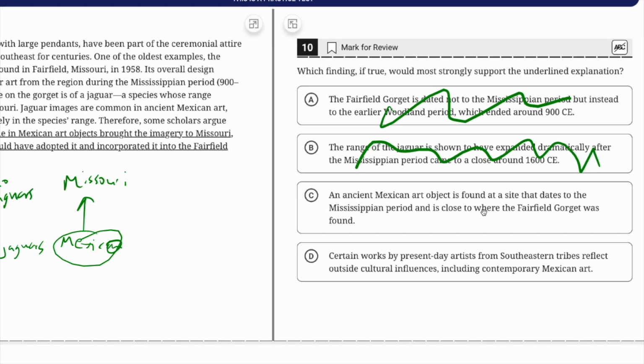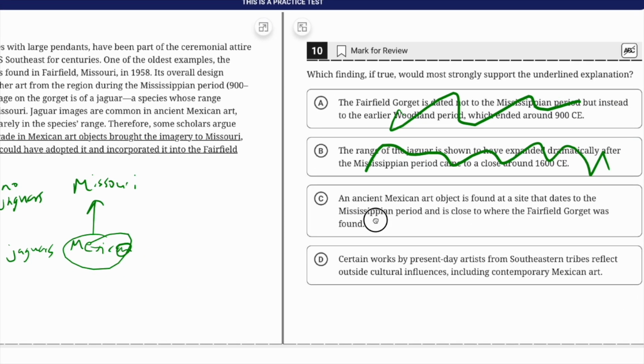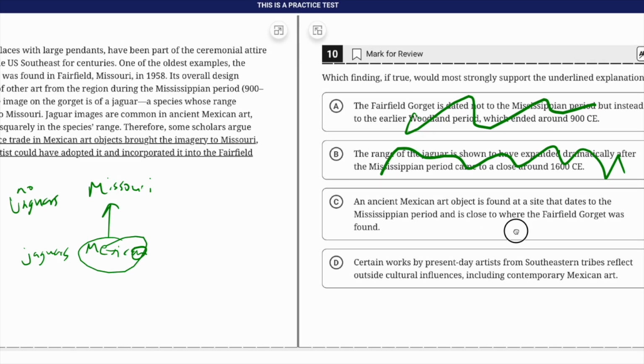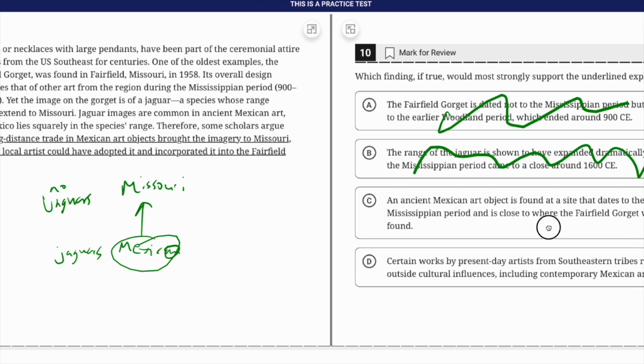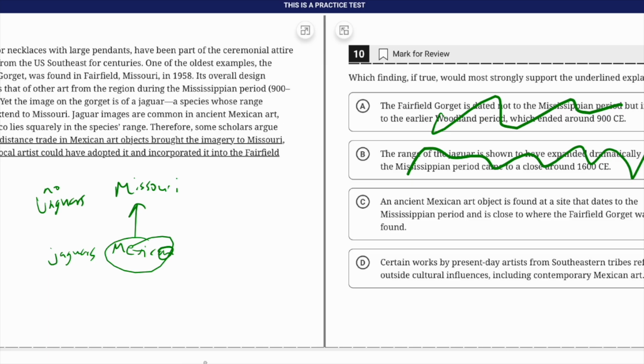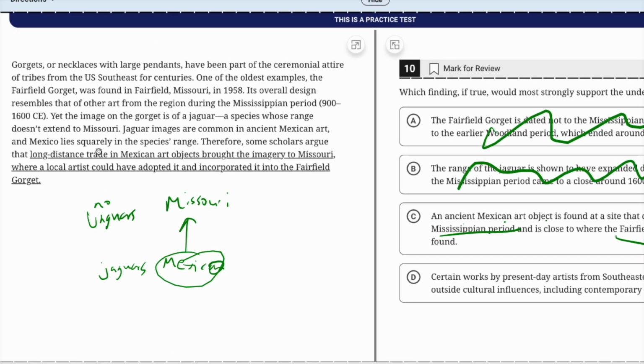An ancient Mexican art object is found at a site that dates to this period and is close to where... Okay, well this would actually give some evidence, because if you had an ancient Mexican art object that is from the correct period and is found close to where this was found, that would be evidence that there was, or there had been, long-distance trade in Mexican art objects.